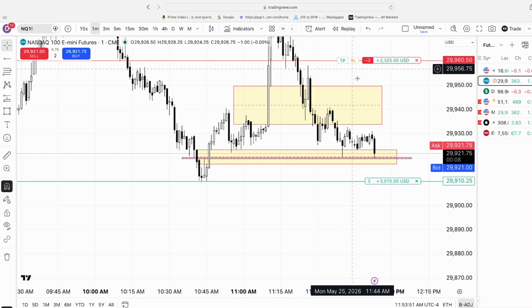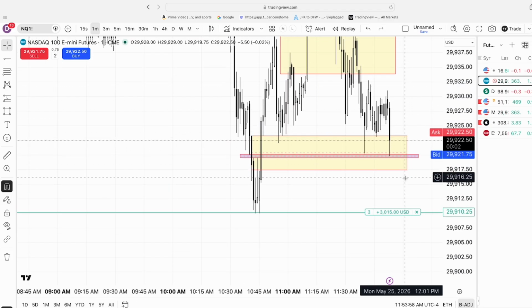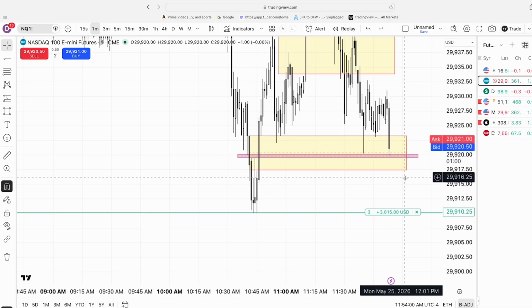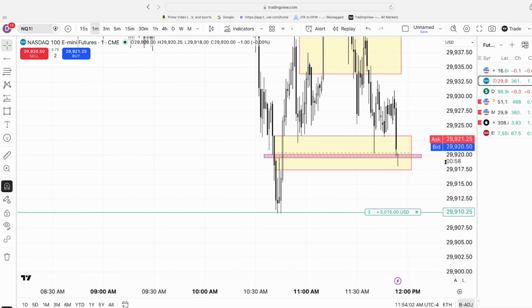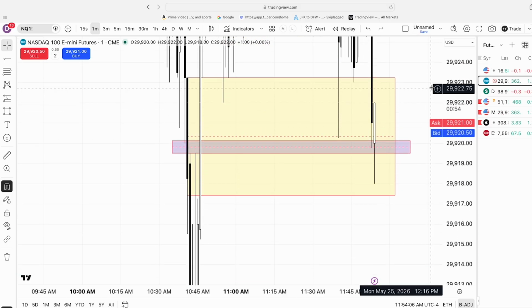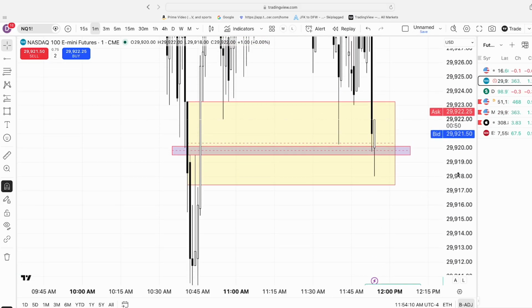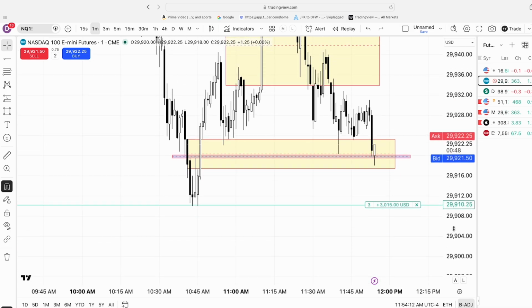Where it may just kick back and go up. Like, bye. Notice, this little line, it did not go to this side yet. The other side. Don't like it.